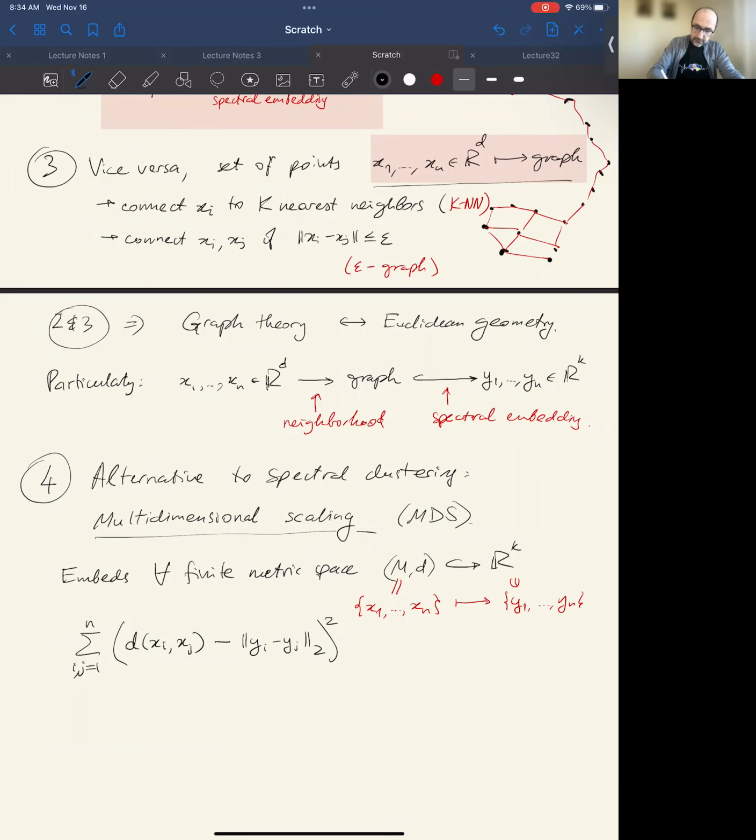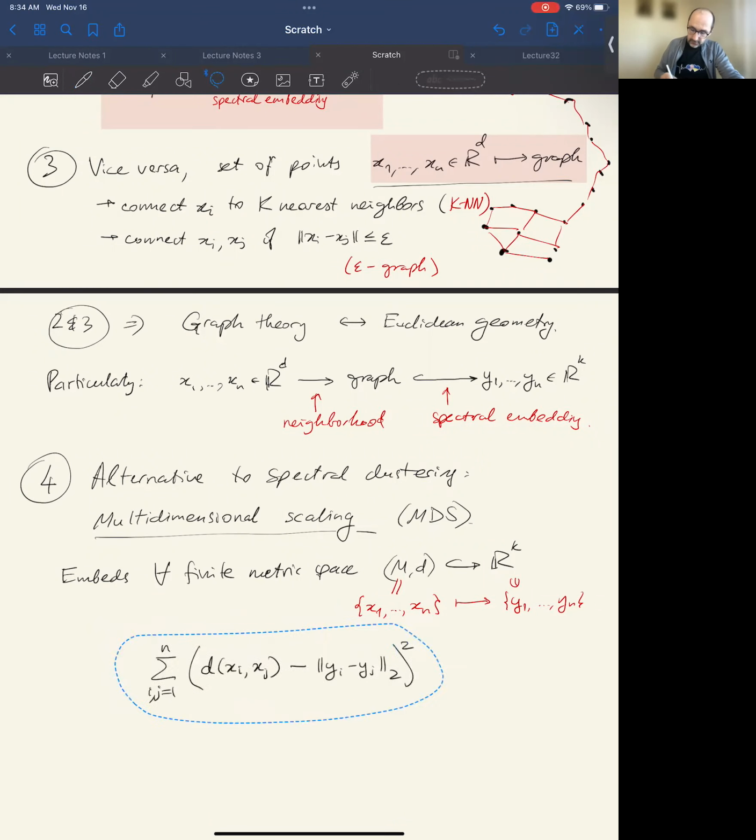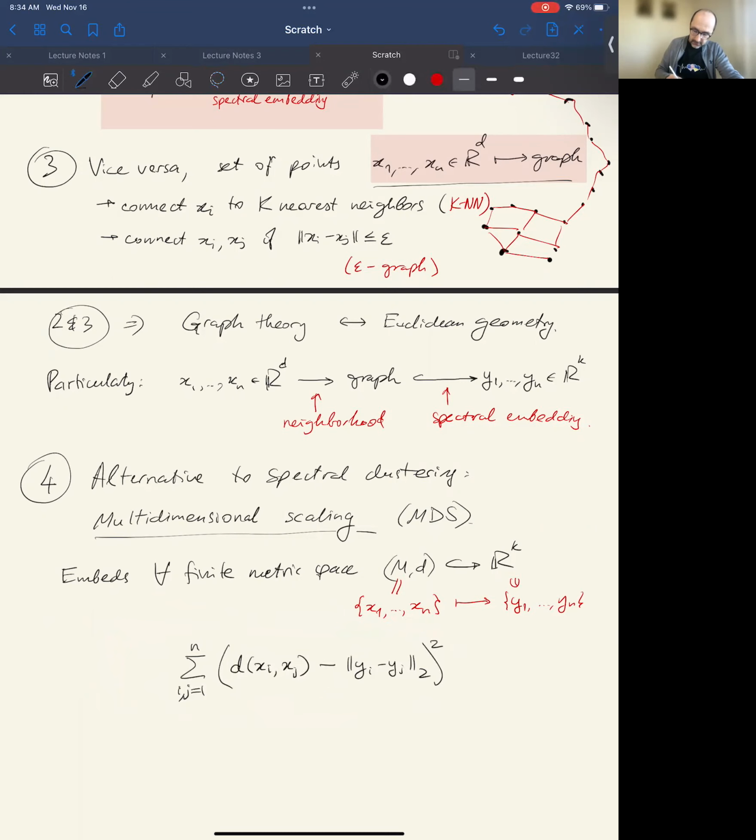So what we will do is we will minimize this objective function, minimize the penalty over all configurations of points in Rk. That's it. Done. So this is an optimization problem. You put it in a computer, and the computer runs and outputs the set of points in Rk.